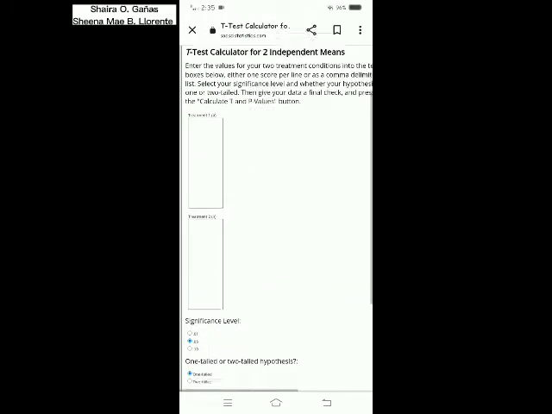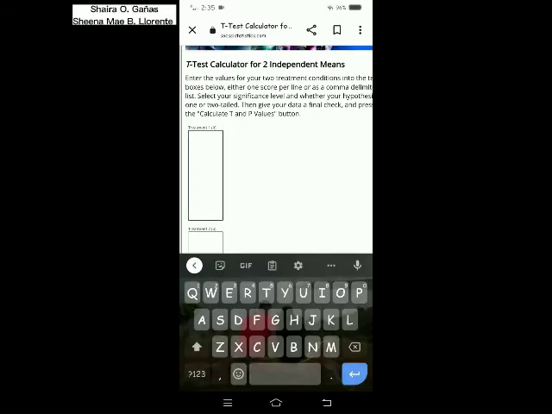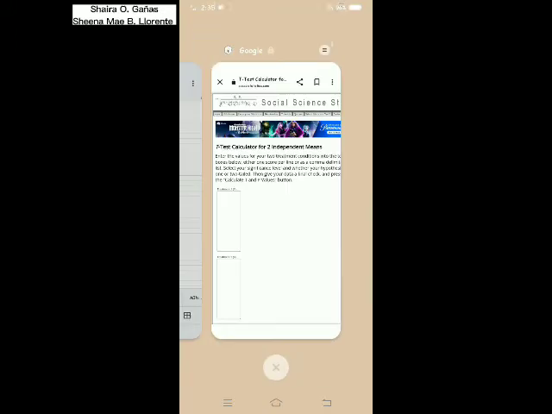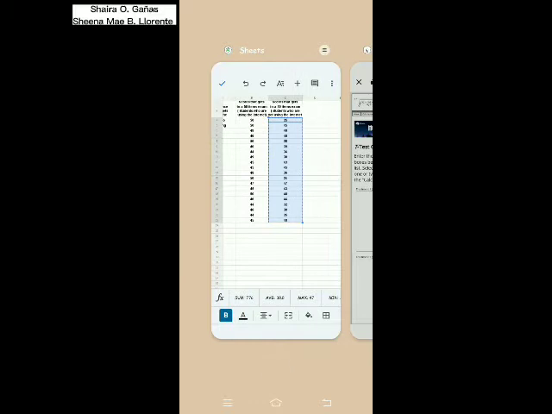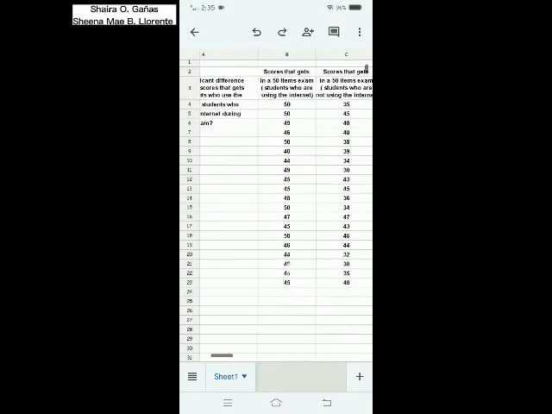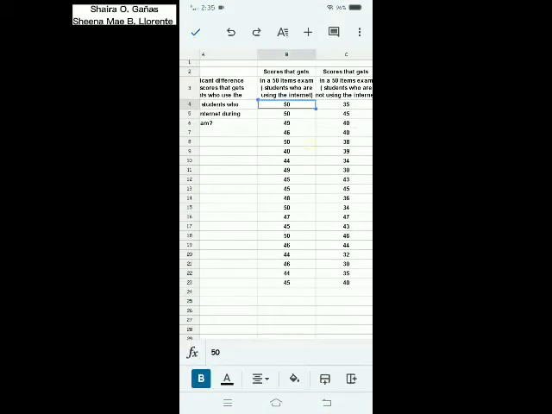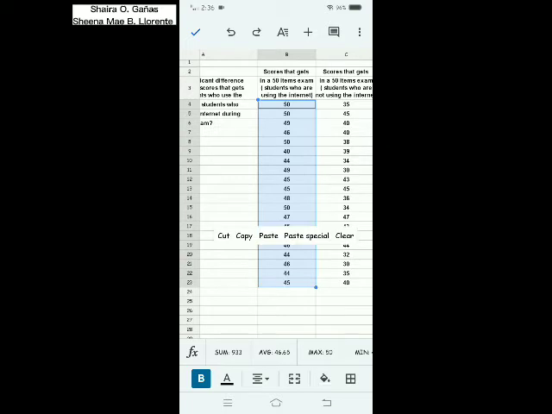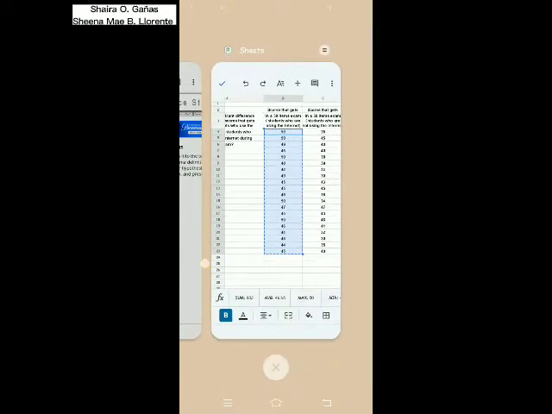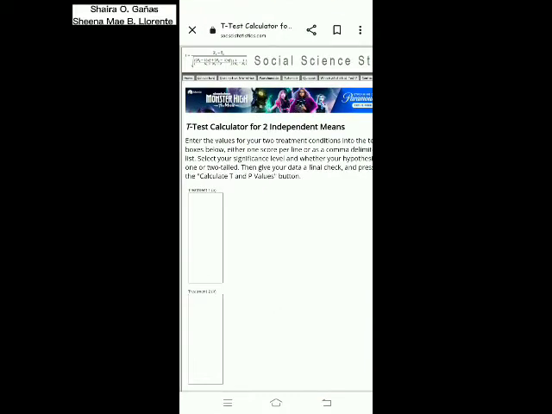Then copy the first data samples of the first group. Then paste on the treatment 1.